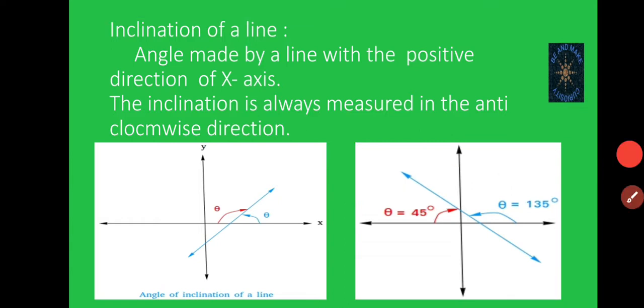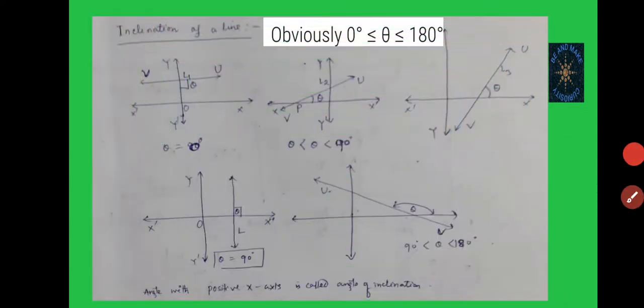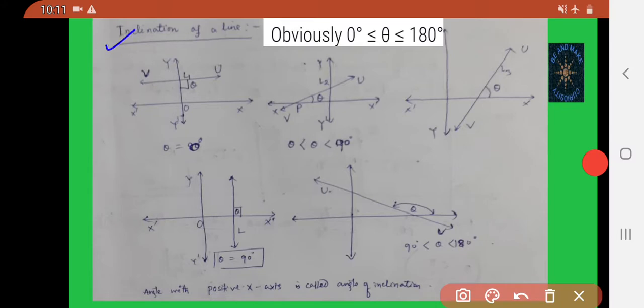Next, here you see this theta value, this angle of inclination varies from 0 degrees to 180 degrees. Theta lies between 0 degrees and 180 degrees. Here you see this line.